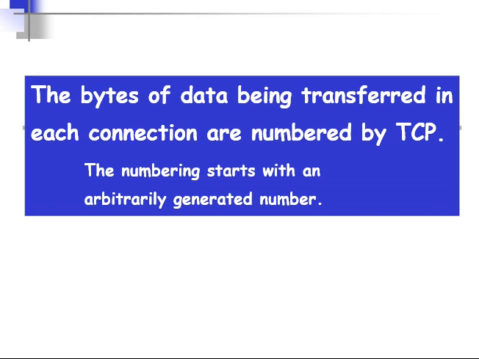It's not necessary that this numbering starts from 1. It can start from some random number, suppose 9000. So 9000 to 10,000, it will keep numbering its bytes and send all those bytes to the receiver. So every byte has a number, an arbitrarily generated number.